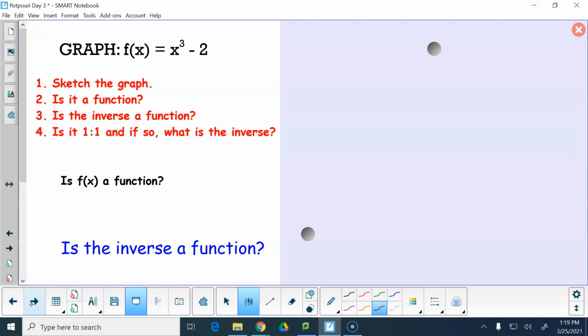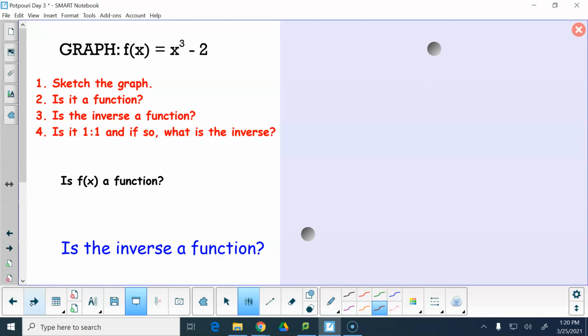x to the third minus 2. What do you think it's going to look like? So let's work left to right. Left side of the graph, is it going to be up high or down low? Well, let's put a negative number in there. Negative times a negative times a negative is a negative. It's a third power. So it's down low.